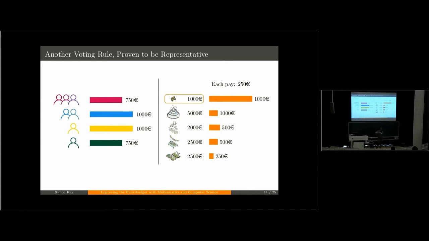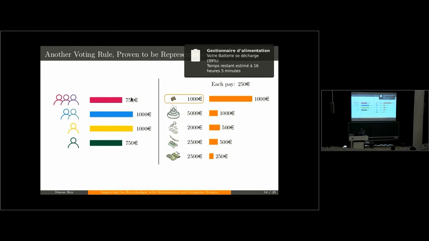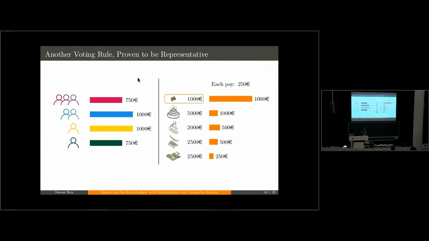And at 250, there's a group of voters who can buy something. The bench can be bought by the 4 voters who like it. So they buy it. They all lose 250 euros because they use that money. And we start again. The bench has been bought.